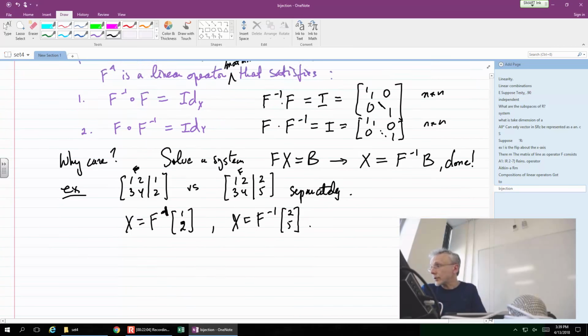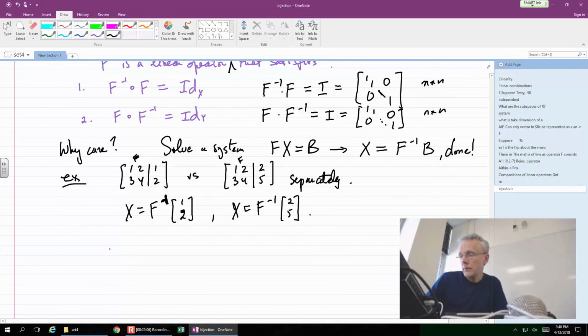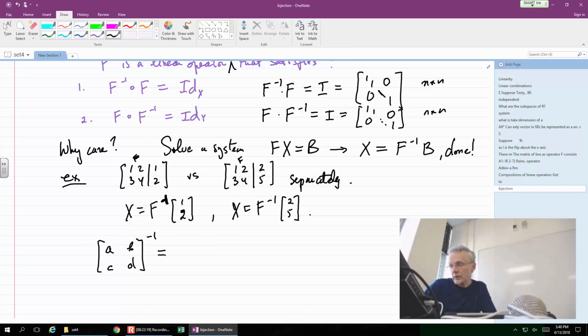Then there is a solution for the inverse of A, B, C, D. There is a solution, and let's see if we can guess what it is.